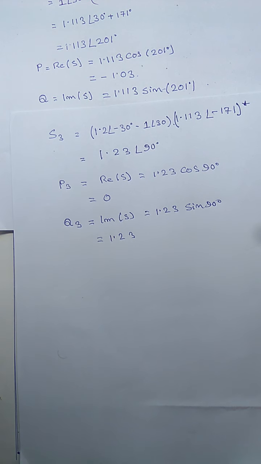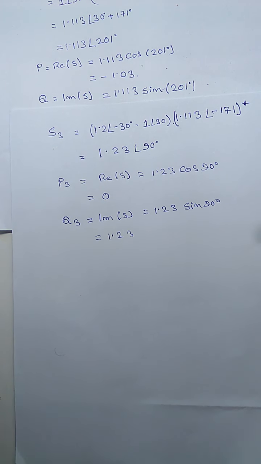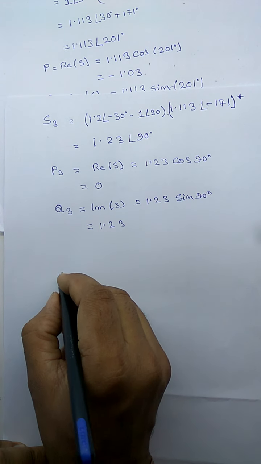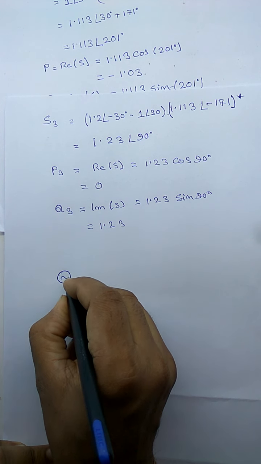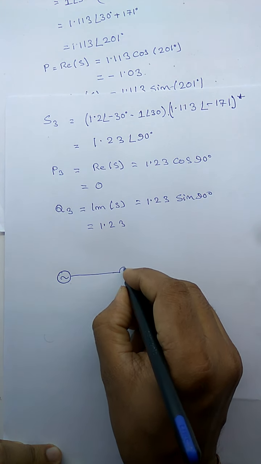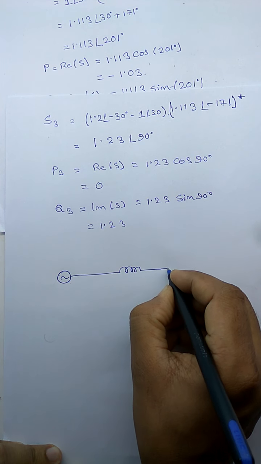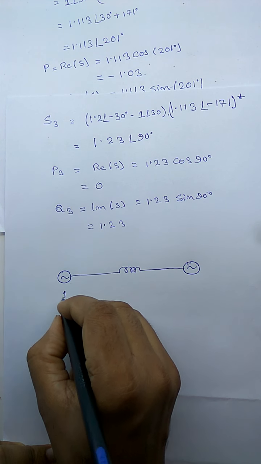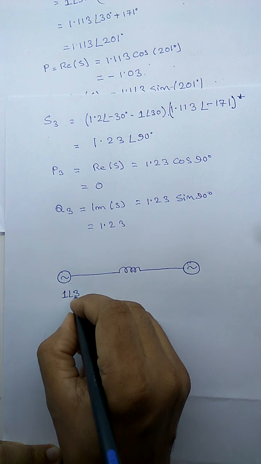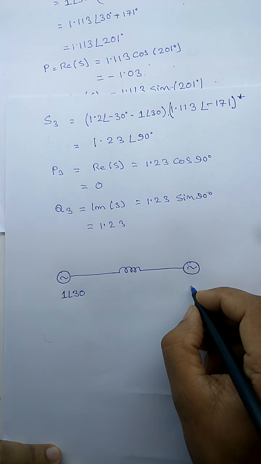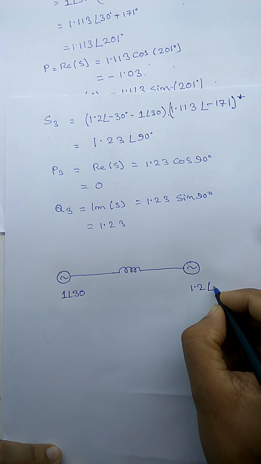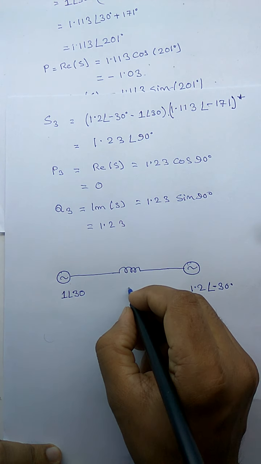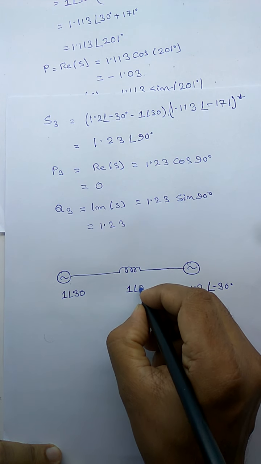Now let's redraw the circuit once again. What was our circuit? Here we have 1 at an angle of 30, here we have 1.2 at an angle of minus 30, and here we have 1 at an angle of 90.